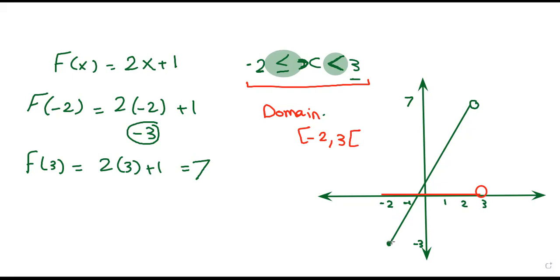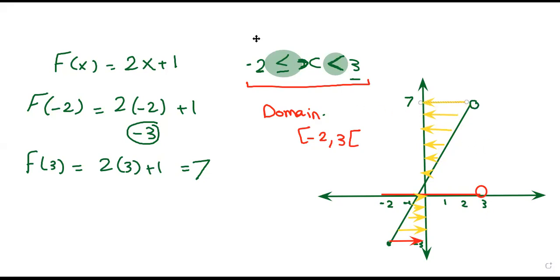So f of -2 is -3. We will take all these values till we reach 7.